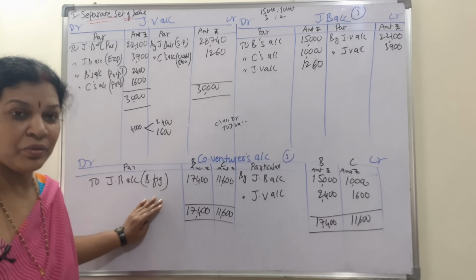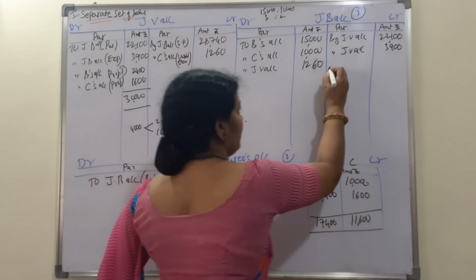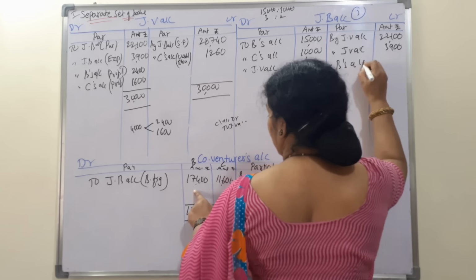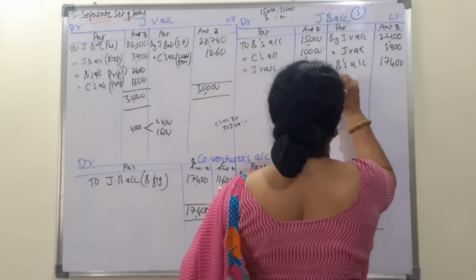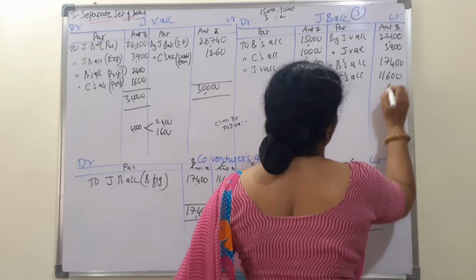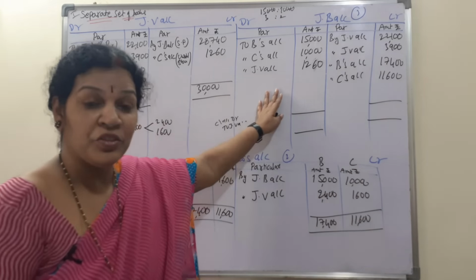Transferring to joint bank account, debit side to credit side. So by B's account, how much? 17,400. The same way by C's account, 11,600. Close it and total up this joint bank account.